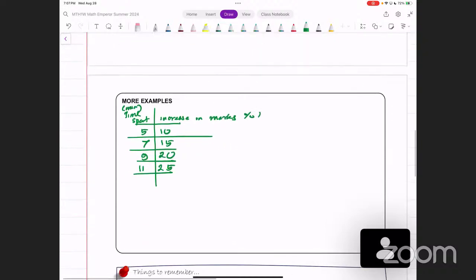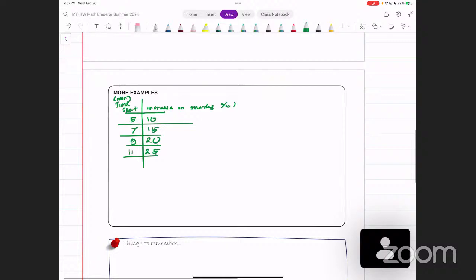Can you guys find the rate of change, please? Find the rate of change. That should be for Albert Einstein, by the way. The time spent and increase in marks. Time spent in studying.